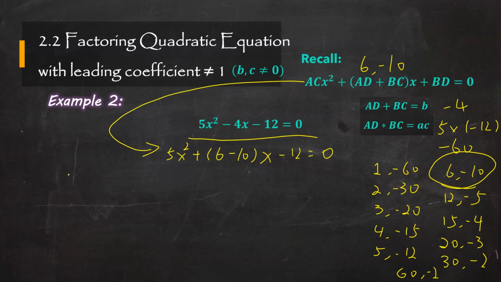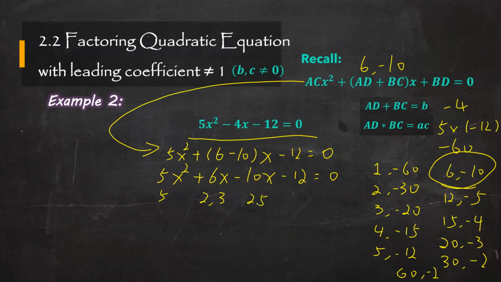And then we distribute the coefficient of x. We have 5x squared plus 6x minus 10x minus 12 equals 0. And now let's check the common factor. So here for 5, I would say this is the only one, which is 5. 6, we have 2 and 3. 10, we have 2 and 5.